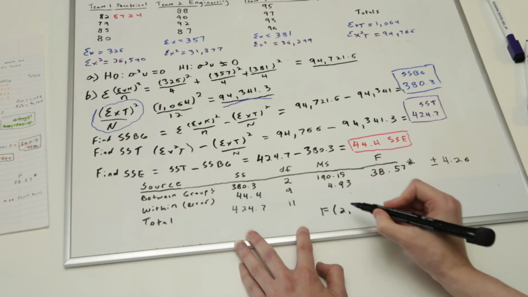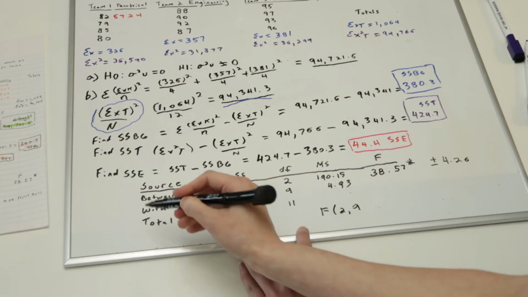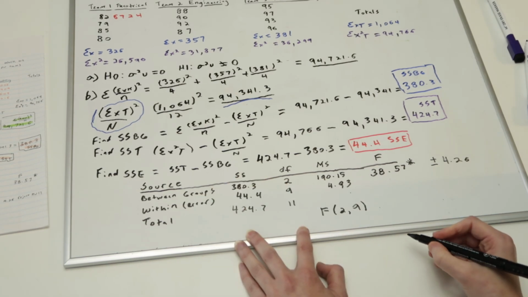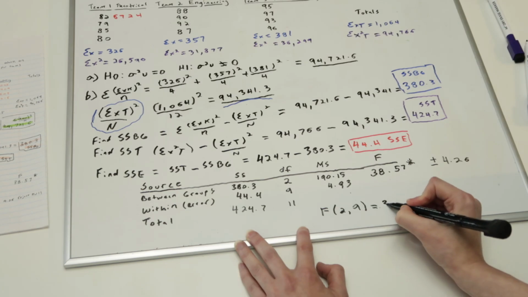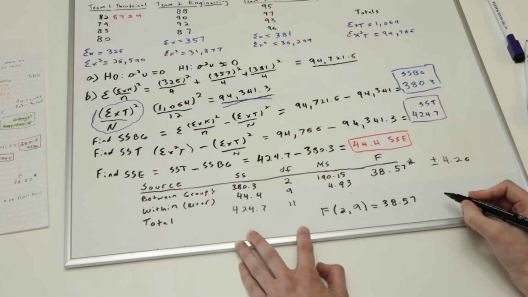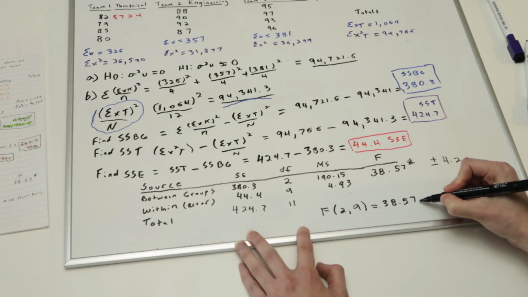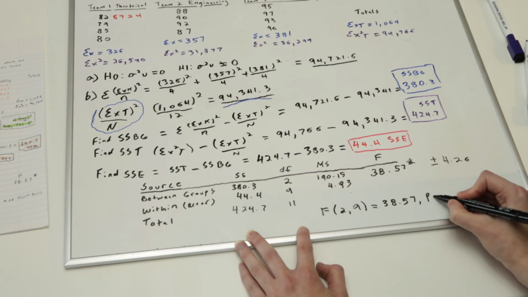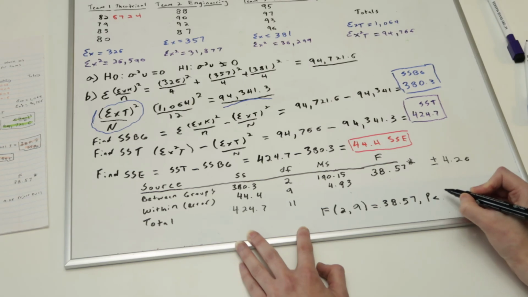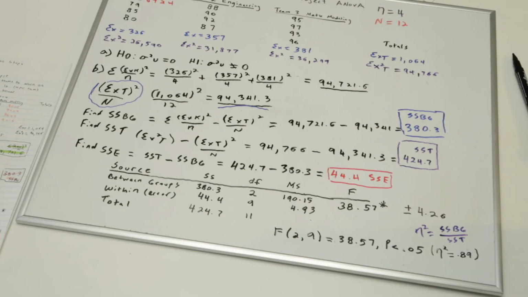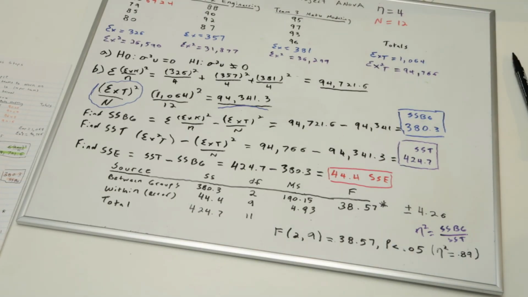So you're going to do between groups, and then your DF error or within, like this, and you're going to say it equals 38.57, and then you can say comma, P is less than 0.05. Sorry, so my camera cut out there for a moment.